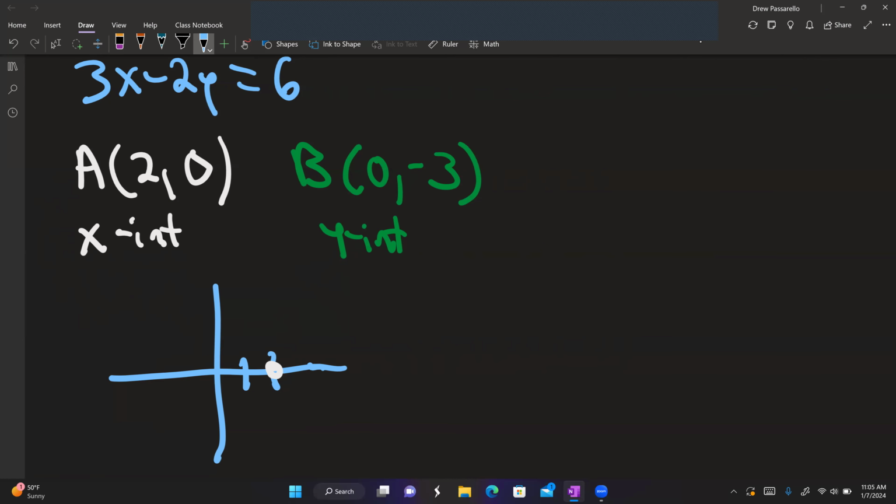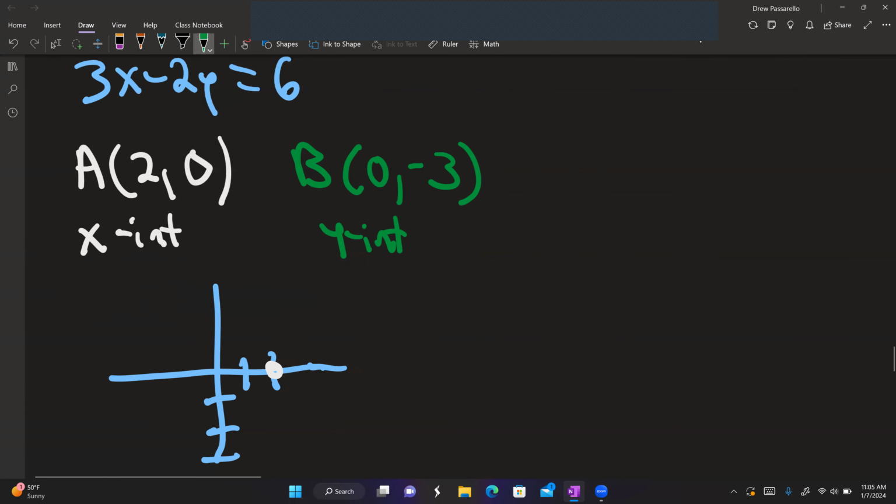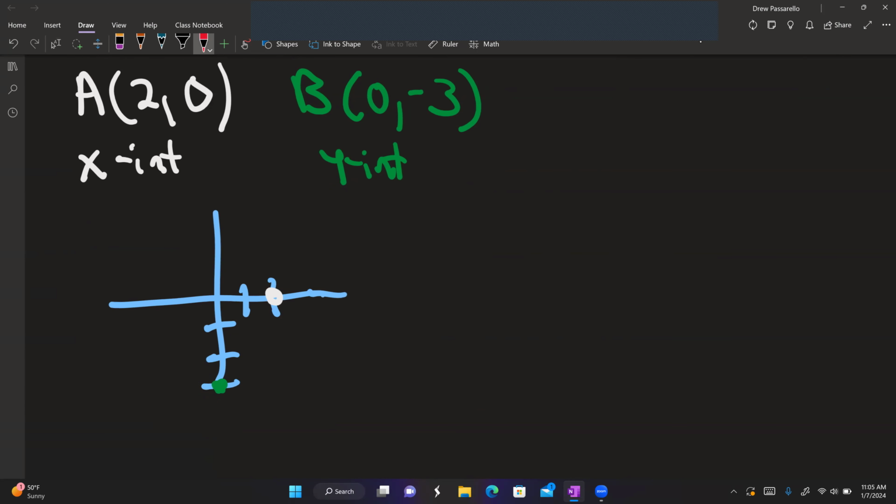Start at the center and I go down 3. And then I plot the point, and that's here. So that's point B. And then I connect them, and I'll have my line. And I put arrows at the end because the line's supposed to extend forever indefinitely.